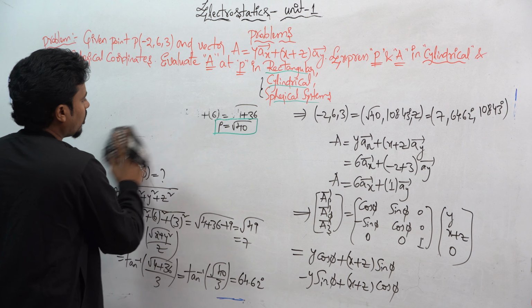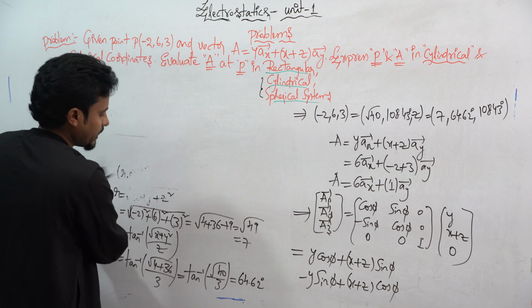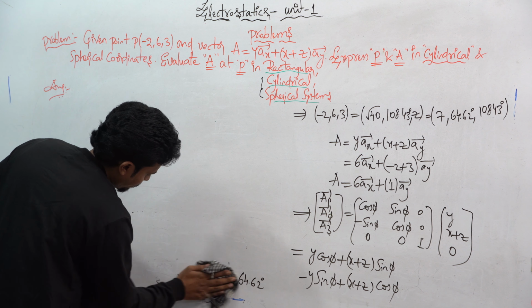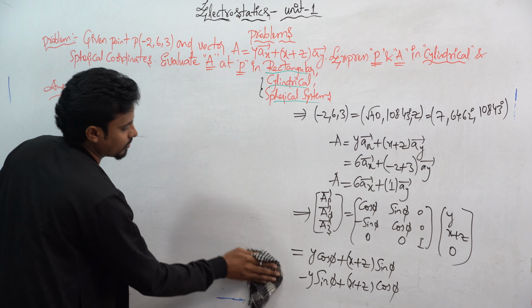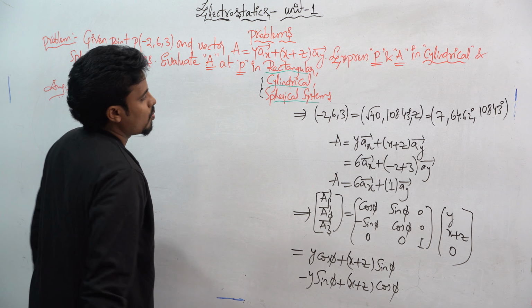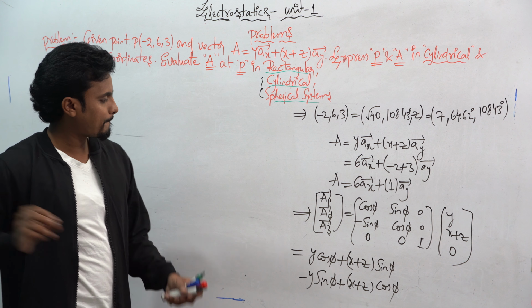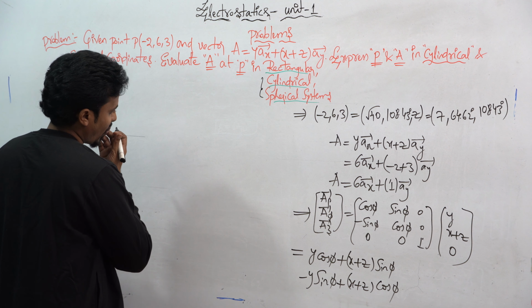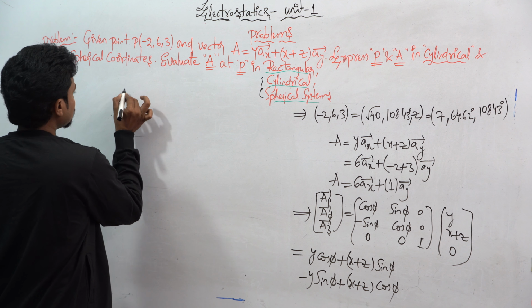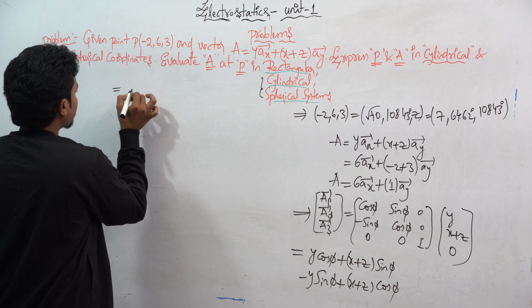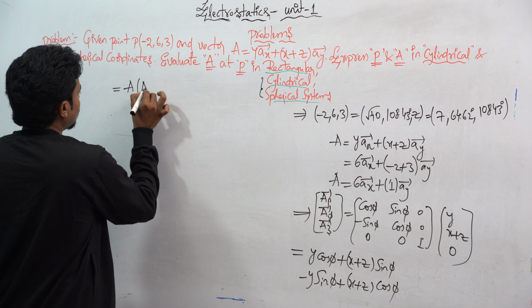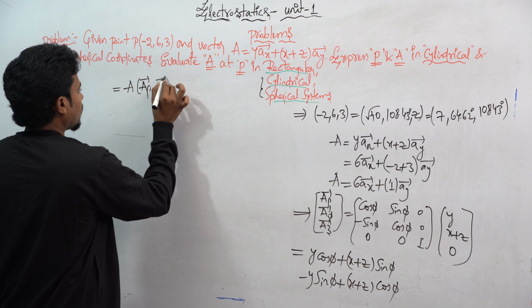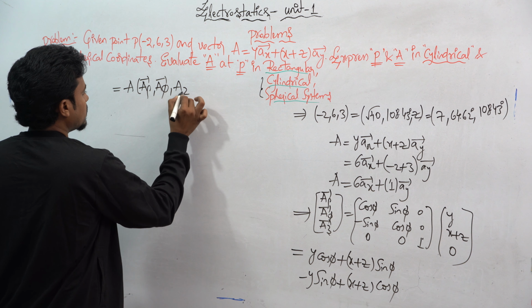By using the component unit vectors, if you take that matrix, this will be equal to A_ρ bar, φ bar, A_z bar.